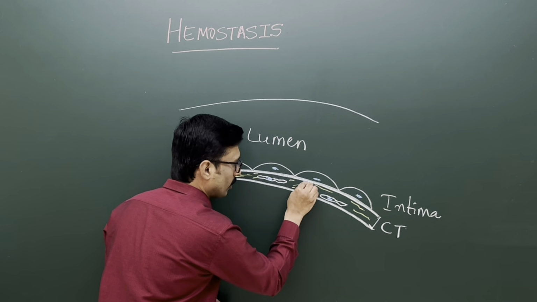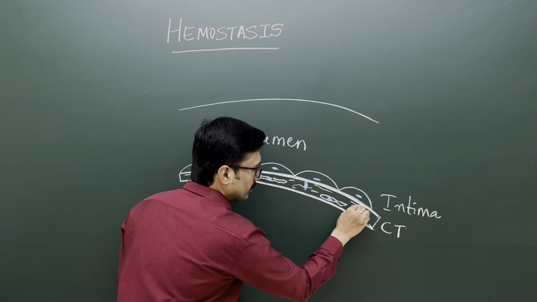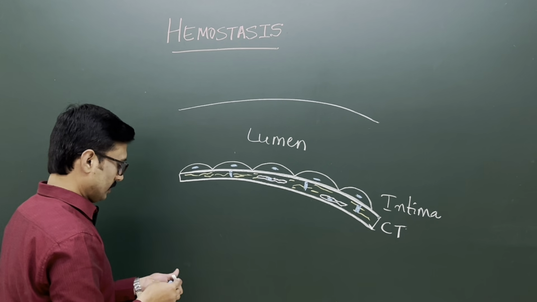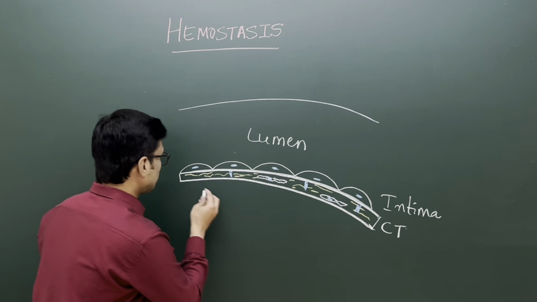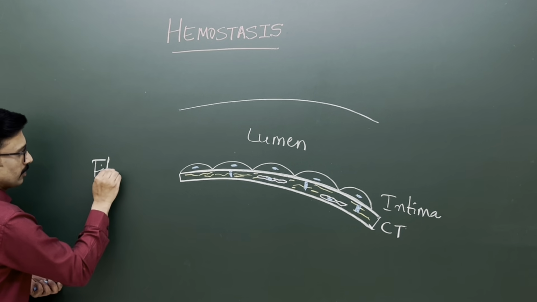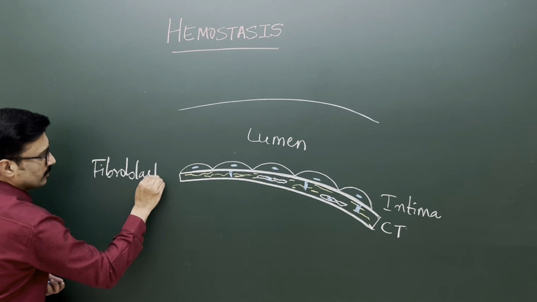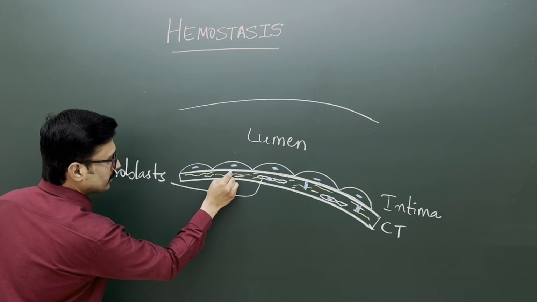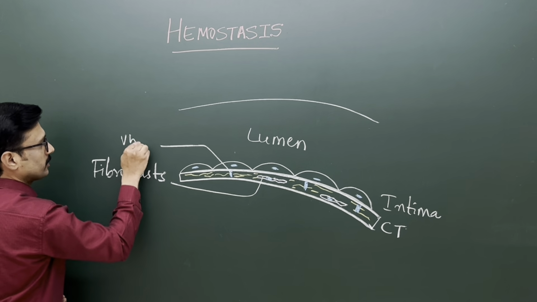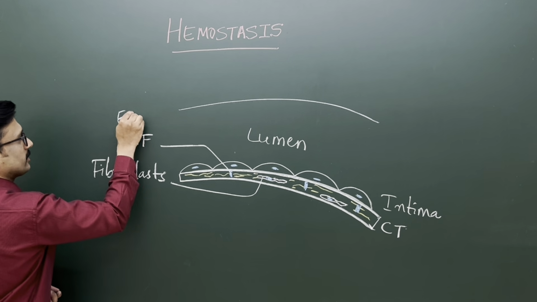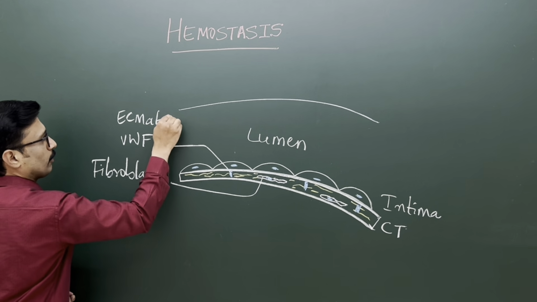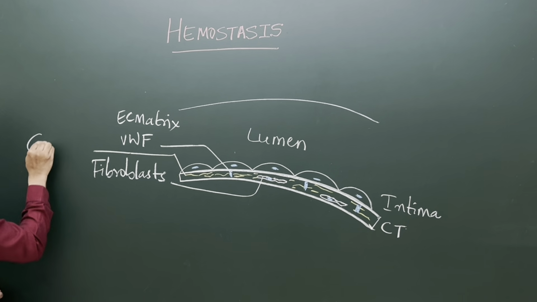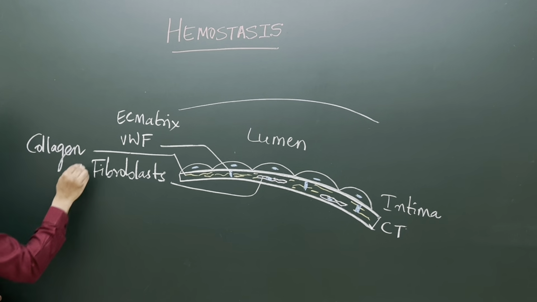So this is von Willebrand factor, which is present in the extracellular matrix of the connective tissue. So these are fibroblasts, and this is the von Willebrand factor present in the extracellular matrix of the connective tissue, and also these collagen fibers are present in the extracellular matrix.